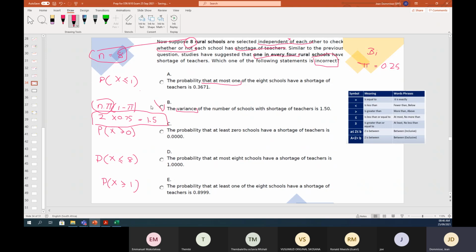So please, when you are in the exam, make sure if it is a follow-up question, because even in this one they said similar to the previous question. It is very easy to make the mistake of treating all of the information as similar to the previous one. Okay, so that one is correct.